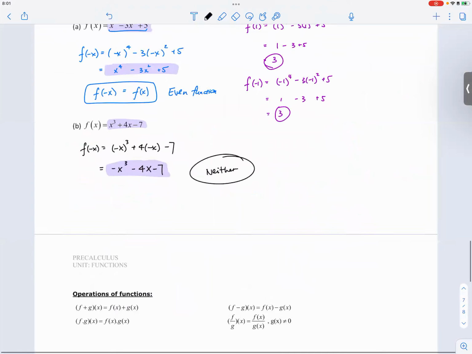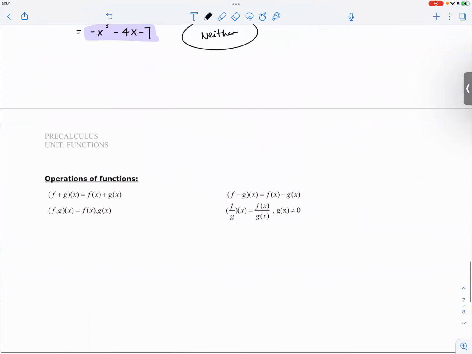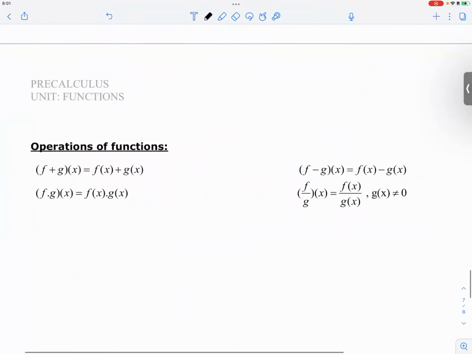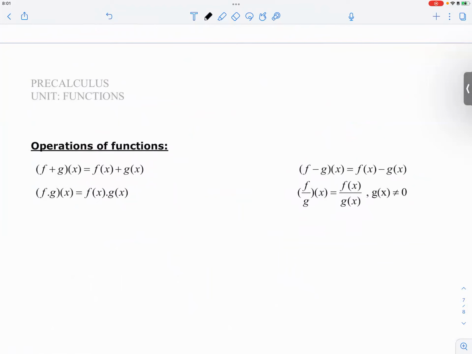Okay. So, all right, now function operation. I consider this very straightforward. It's more about, do you know how to read? And we did not see this often back in algebra 2. So this is something you should get familiar with. So notation wise, very straightforward. If you see f plus g of x, just know that, hey, this is just adding two functions together, f times g, f minus g, f of x minus g of x, and then f over g, f of x over g of x.